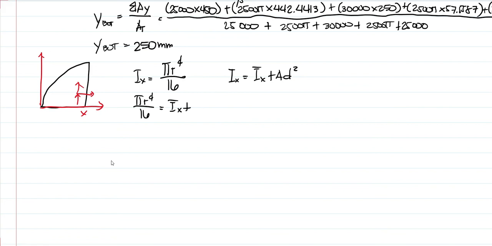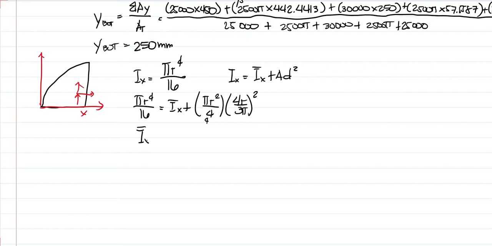plus the area, which is pi r squared divided by 4, times the distance to the centroid, or where we are transferring to, which is 4r over 3 pi, squared. So, let's rearrange the equation, since we are looking for I bar x.